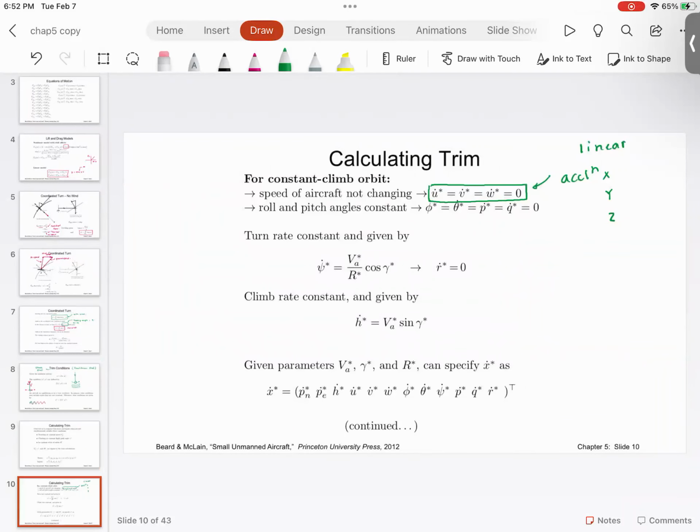Now, roll and pitch angle are constant, which means what you have is these values, which is the roll, pitch, and then P is the angular acceleration about x.